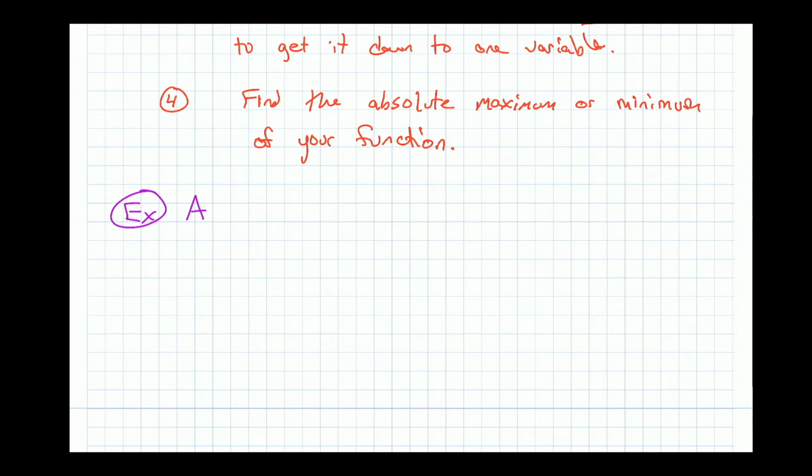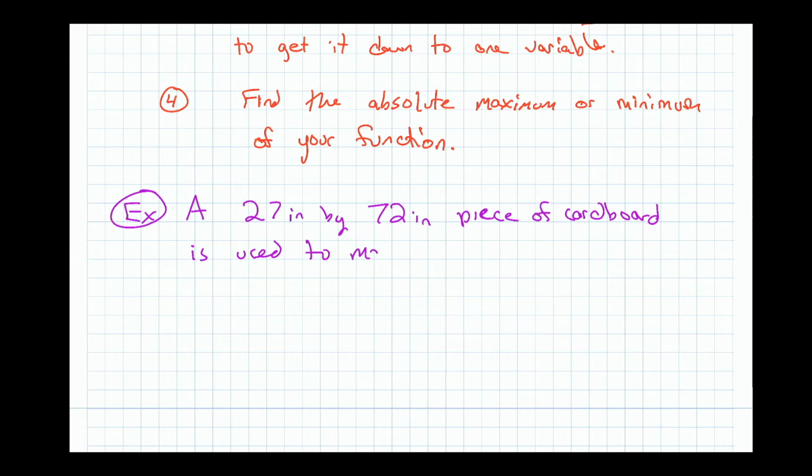So let's see. A 27-inch by 72-inch piece of cardboard is used to make an open-topped box. And this is the sort of thing that you get used to. Like when I say used to make an open-top box, you're like, what? How are you going to do that? And then I'll describe it, and you're still going to say, well, how are you going to do that?